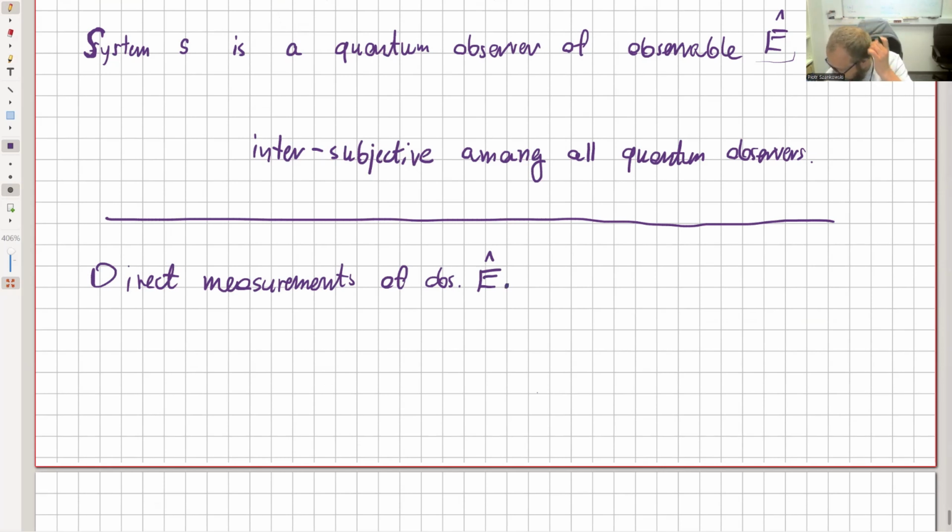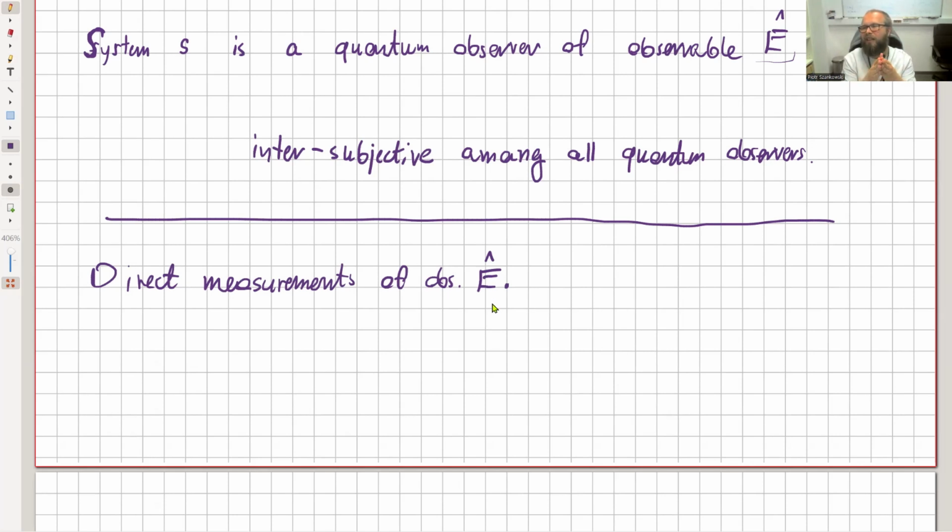We'll go in steps here. Imagine that we are doing measurements of this observable in an idealized scenario where you deploy some kind of measuring device, as in the standard formulation of quantum mechanics. You do your measurement, and you get one of the eigenvalues of this observable E as your result.